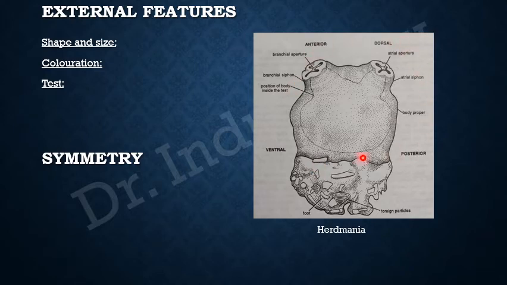The dorsal part of the animal is known as the body, and the ventral part is known as the foot. Actually, the body is represented by the anterodorsal part. This is anterior and this is dorsal. Opposite to anterior, we say it's the posterior part. So the posterior part actually should be here, but it is not here. It is diagonally present to the anterior part, and this is the posterior part of the body.